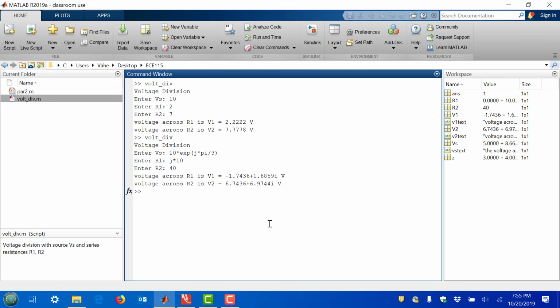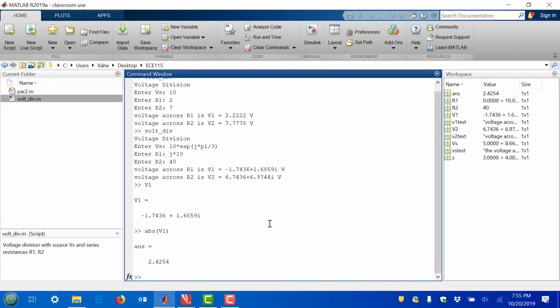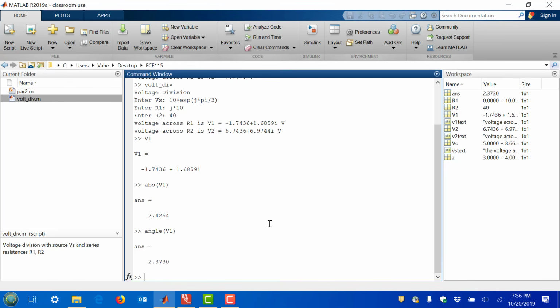Let me just show it to you again. Here's V1. Well, what's the magnitude of V1? abs(V1). That's the magnitude. What's the angle of V1? You say angle(V1). Now the thing is, that's in radians, so maybe I want that in degrees. Two ways of doing it. You multiply by 180 over pi, or you can use the rad to degree function.